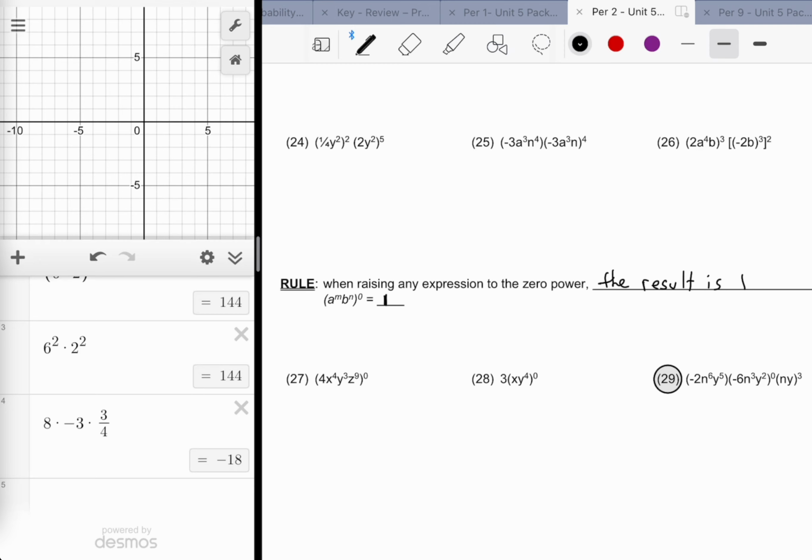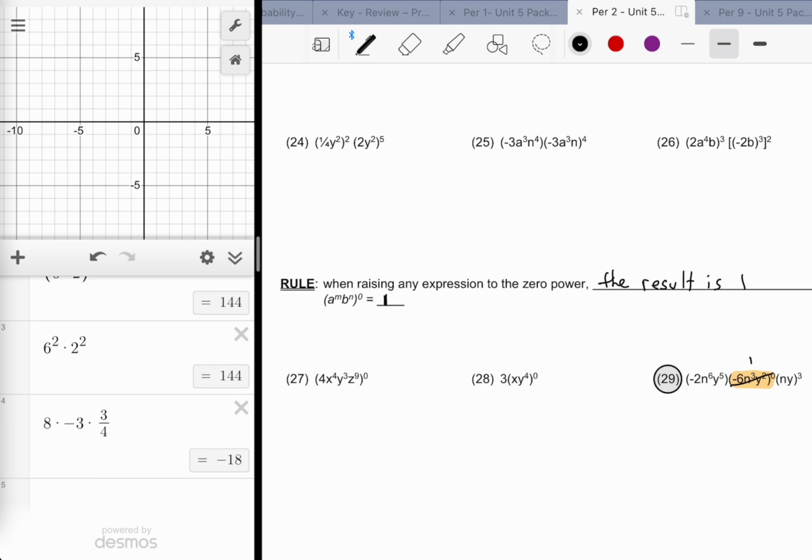So number 29 is pretty crazy looking, but if you look carefully, you see that right in the heart of it, that middle expression there, this guy right here, actually the thing that makes it look craziest is an expression that's raised to the 0th power. So this is actually going to cancel out to a 1.